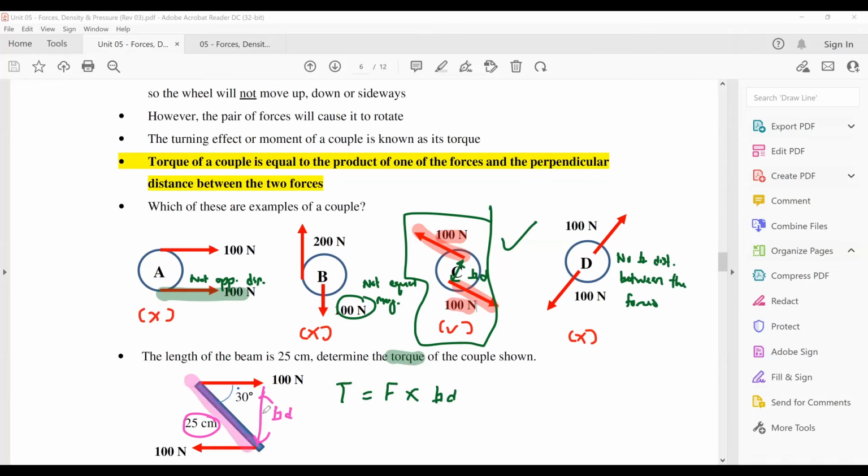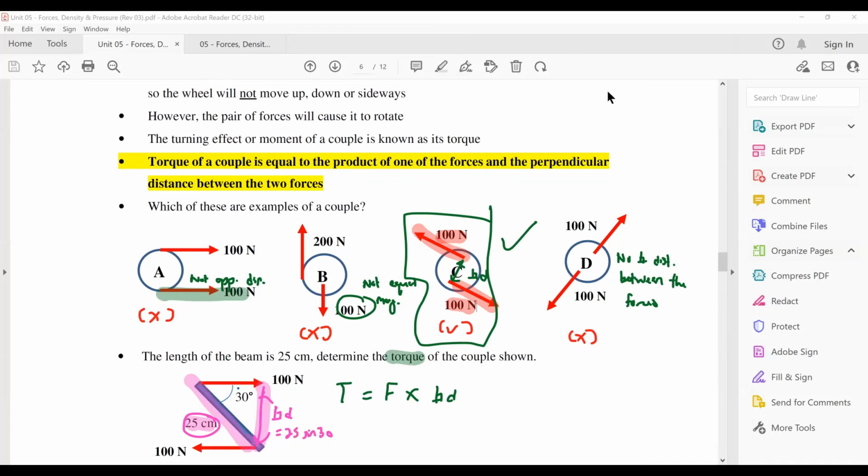You don't have the perpendicular distance. You have to find it. But from your first chapter, you can resolve this 25 centimeter into the vertical component, isn't it? This is actually going to be 25 sine 30.